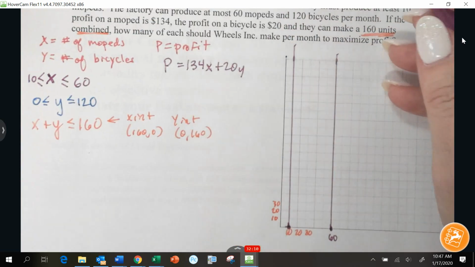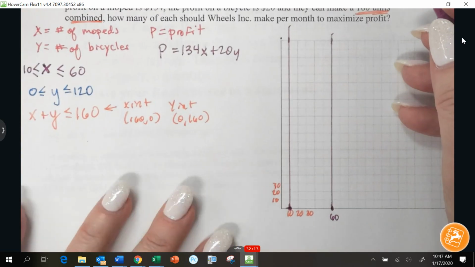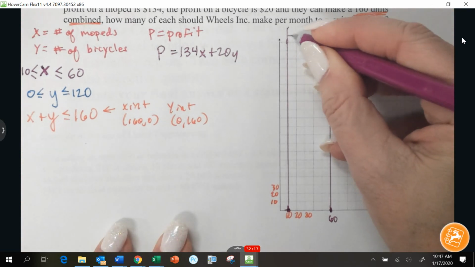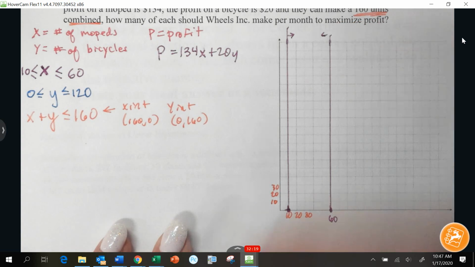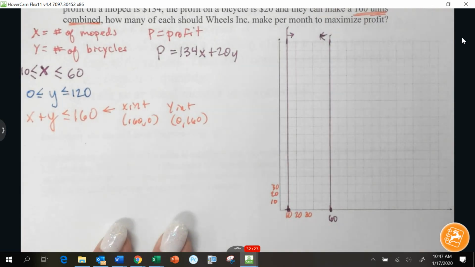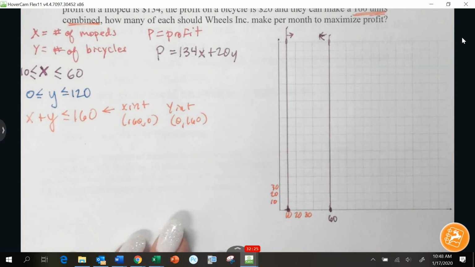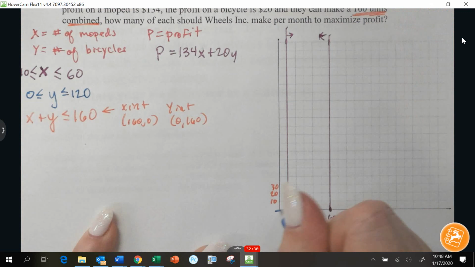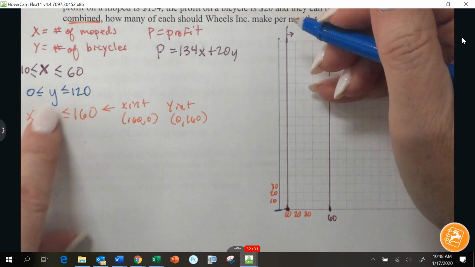And where will I be shading? Between these two lines or outside of these two lines? In between, because it's between these two. And we do our y's, which I did in blue. Y's will be horizontal, so we're going to go from 0, which I'll get in a moment, to 120.